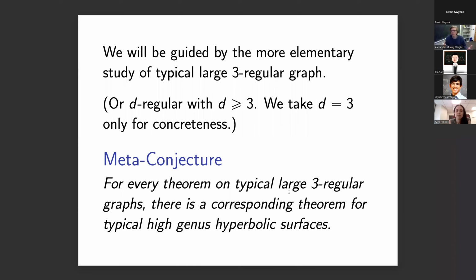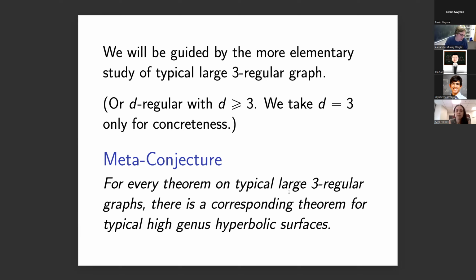And so there's sort of a meta conjecture or an analogy that's emerged, which is for every theorem on typical large 3 regular graphs, you should try to prove a corresponding theorem for typical high genus hyperbolic surfaces. And so some instances of this are known, many are not known. This meta conjecture may eventually break down, but for the moment, and I suspect also for the next decade, this will be a guiding principle.